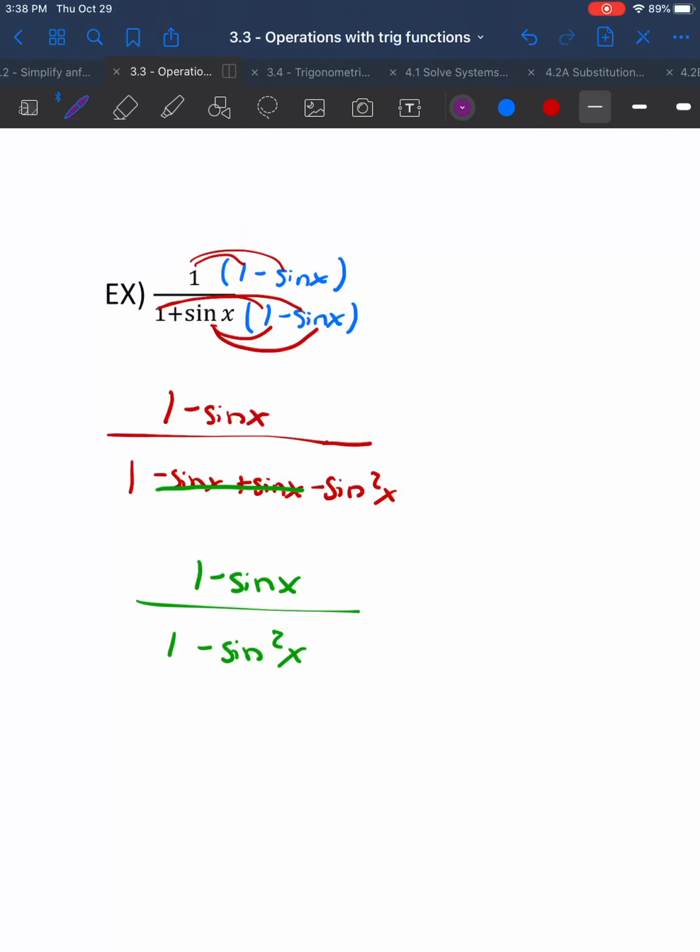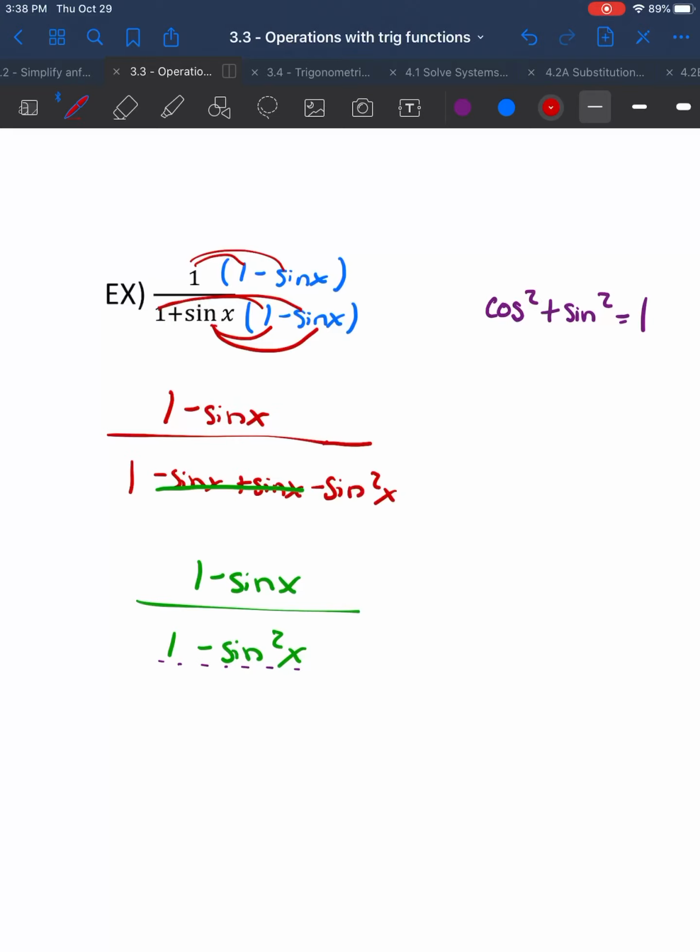And I know it seems like nothing's happening yet. However, I have an identity that has a sine squared and a 1 in it. Hey, we've used this one quite a bit. There's an identity that says cosine squared plus sine squared equals 1. Can I, and should I, manipulate this identity to make it match what's in my denominator?